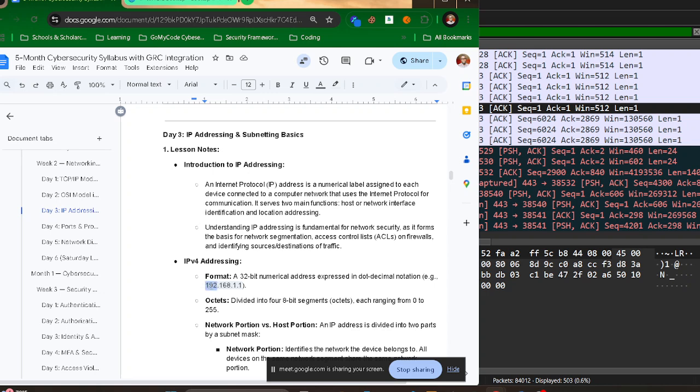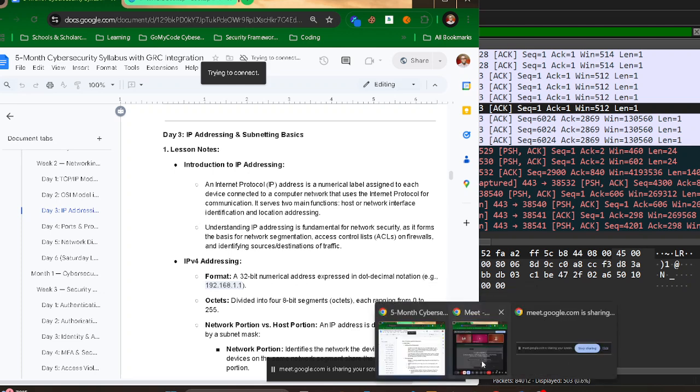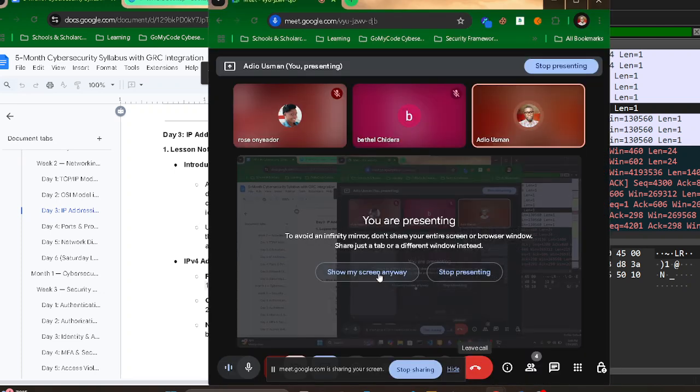Like you are seeing on this screen now, you have 192.168.1.1. Each of these represents 8 bits. 192 is 8 bits, 168 is 8 bits, 1 and 1 are also 8 bits.